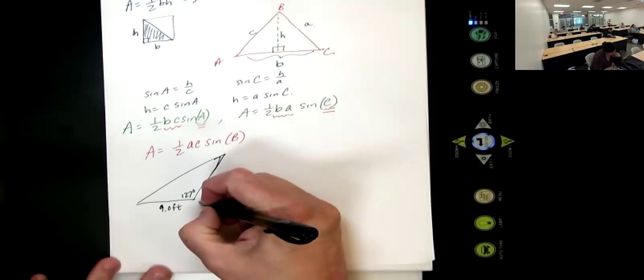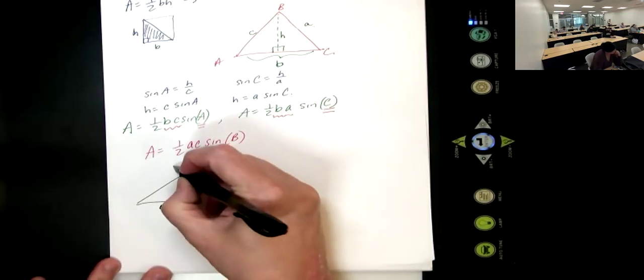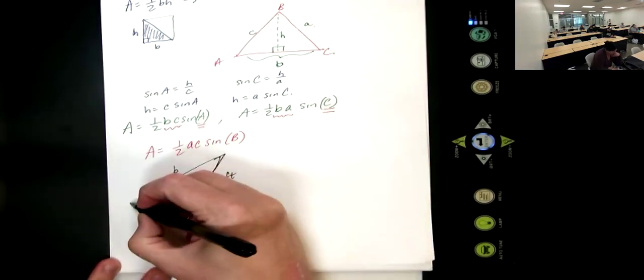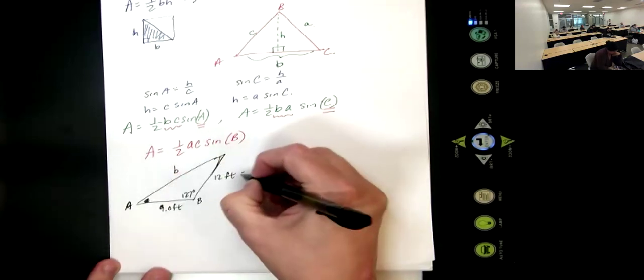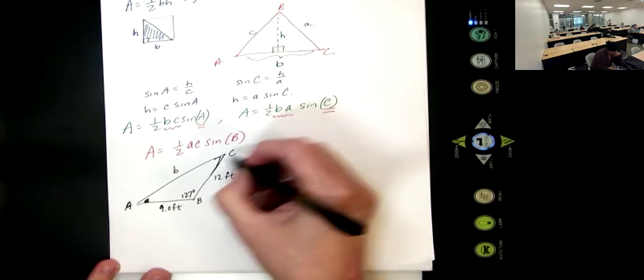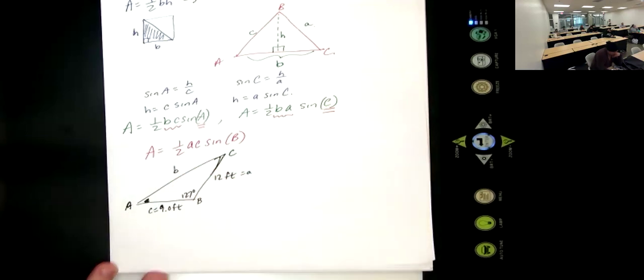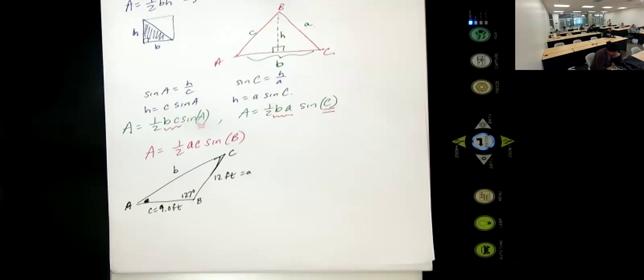So if this is angle B, this is side B. I could call this angle A with side A, and angle C with side C. I can just pick however I want to letter them. One of these equations is going to work.